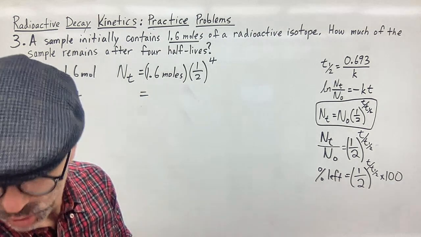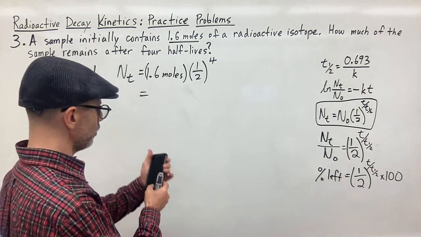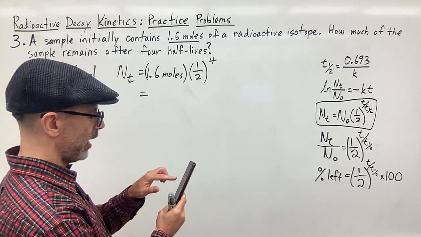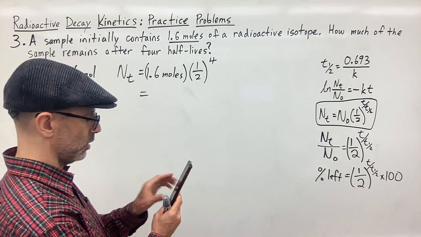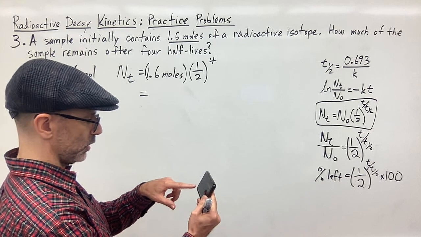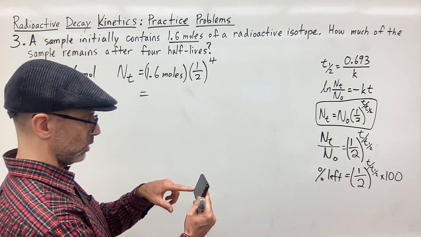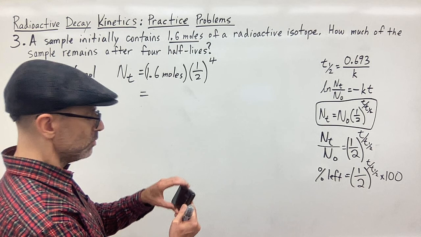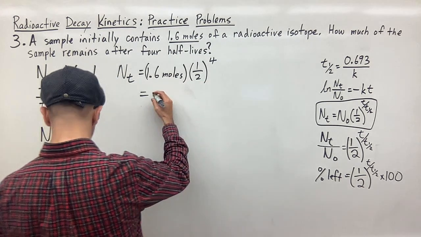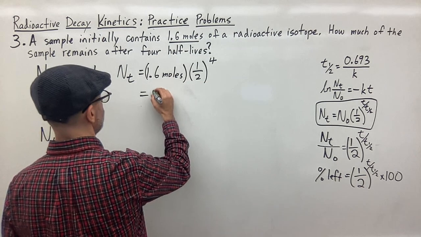So what is 1/2 to the 4th? 1/2 to the 4th is equal to 0.0625.